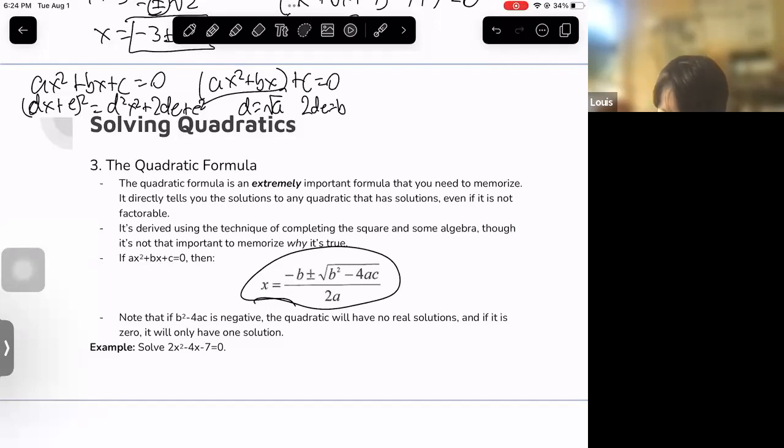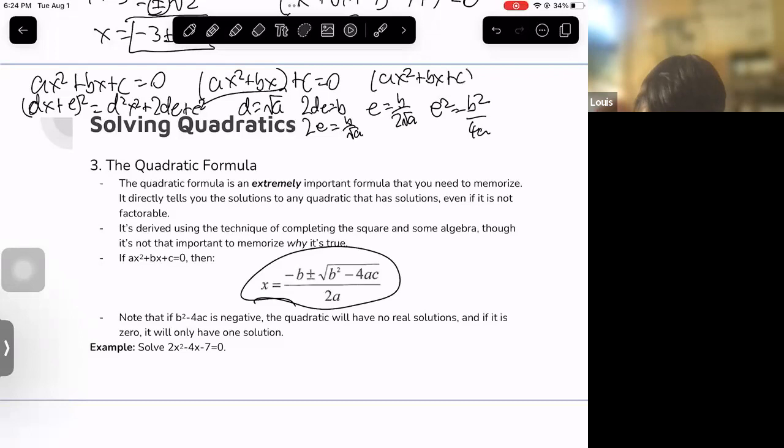After that, we would have that 2e equals b over root a. And then e would equal b over 2 root a. And then we will derive that e squared equals b squared over 4a.